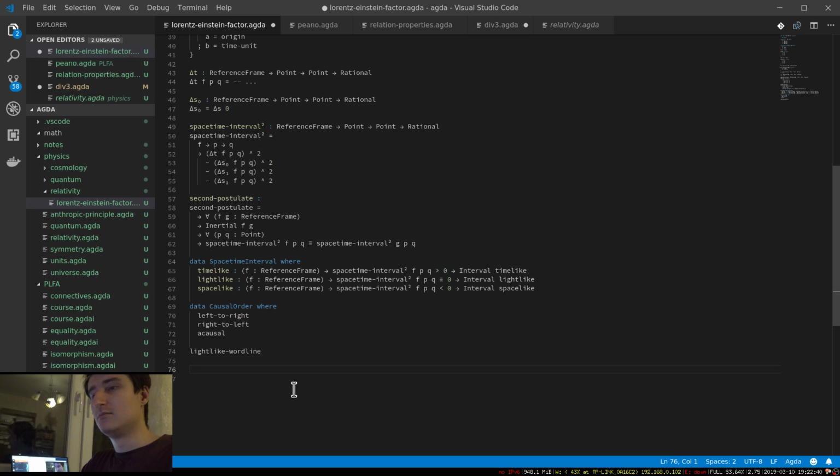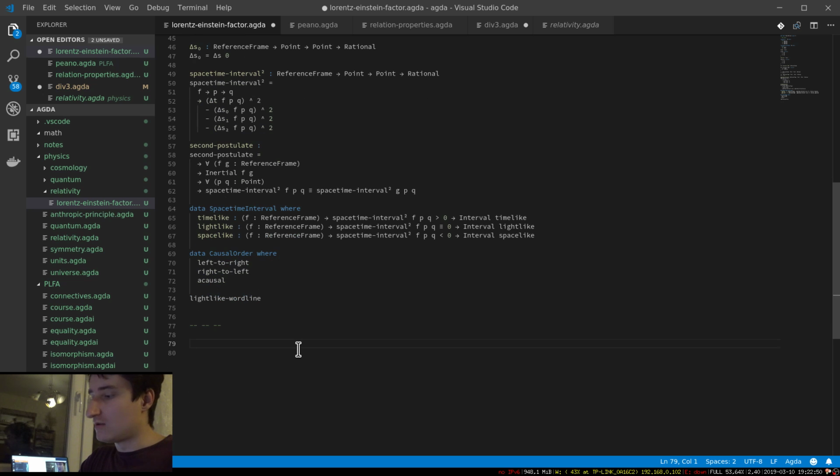Actually, we could formalize this idea by saying that, for each reference frame that is possible, it is true that the frame is inertial with respect to itself, that is, reflexive.